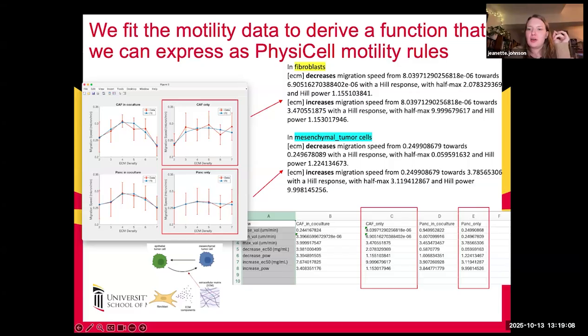So the measurements from earlier can be converted into behavior response rules in PhysiCell. PhysiCell recently added what they call a rules grammar, where you can specify how a behavior changes in response to a signal using a human readable grammar. It parses that and converts it into a Hill function.